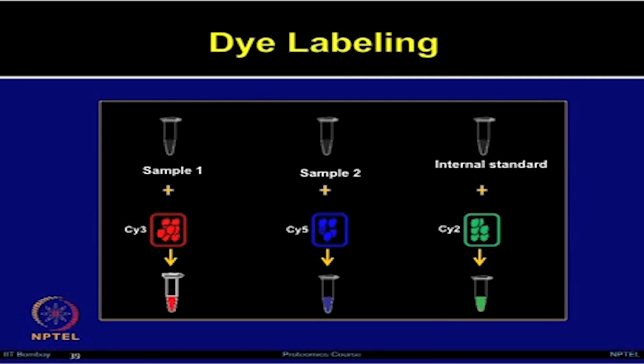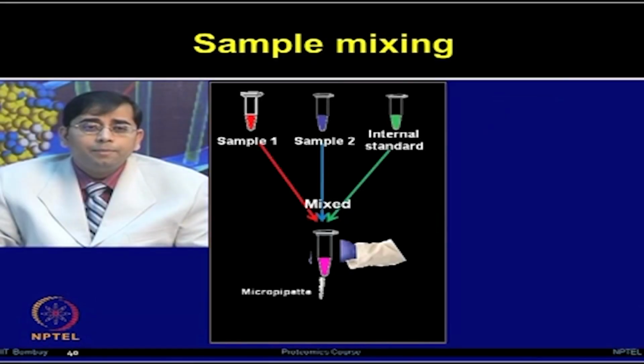Internal standard is always fixed with the Cy2 dye, but your control and treatment should be dye swapped. So, sometimes it should be Cy3 and then a few samples should be Cy5 and vice versa. Once labeling is done, the samples should be mixed.